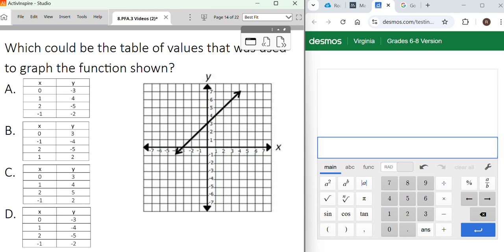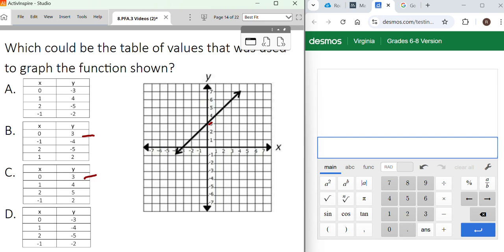which could be the table of values that was used to graph the function shown. Well, to find that table, the first thing I'll find is my y-intercept, which is 0, 3. So I'm going to look through and see if any of these have a 0 and a 3 in them. Turns out 2 of them do.